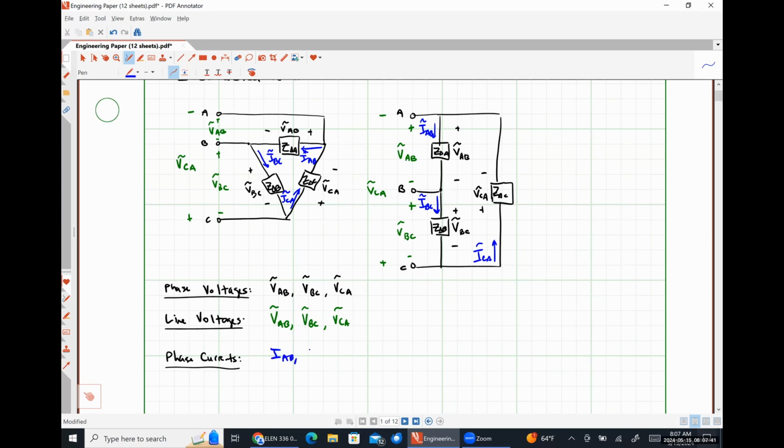So I believe I mentioned this at the end of our last class meeting, but these are literally the exact same thing that we saw for our Delta connected source, except that we're using capital letters for our subscript to denote that we are on the load side of our system.